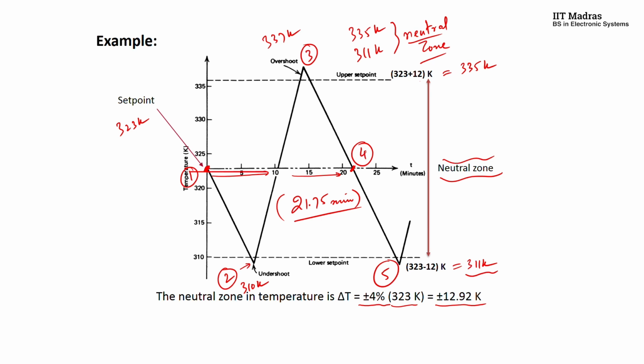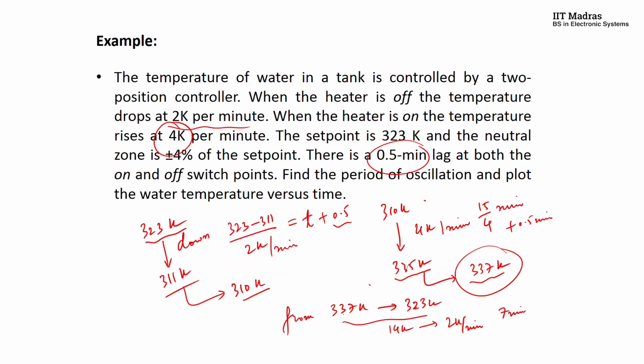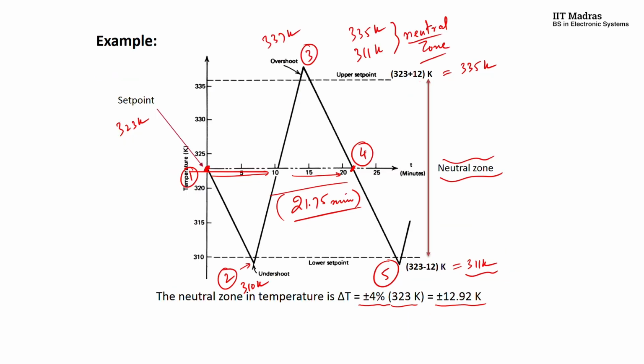That time period is equivalent to 21.75 minutes. This is one simple way to calculate the time period of oscillations of the system. I hope you understood this example. Thank you.